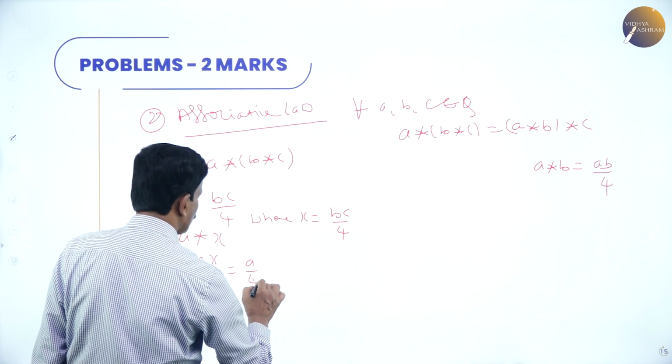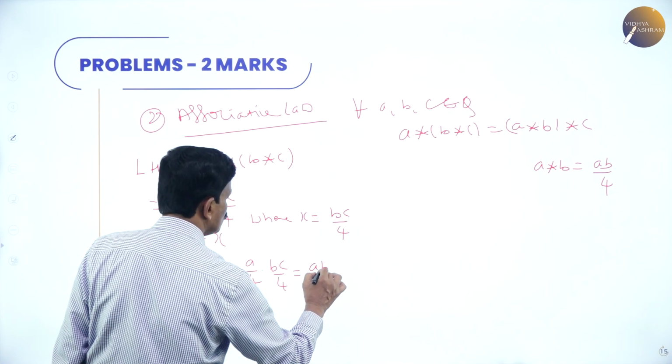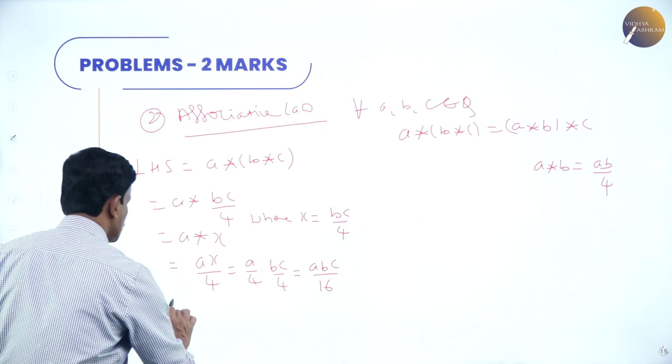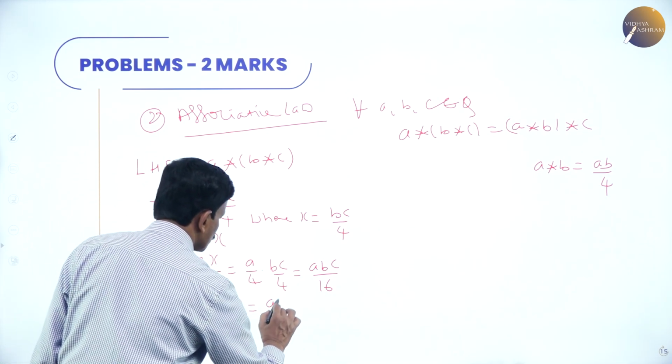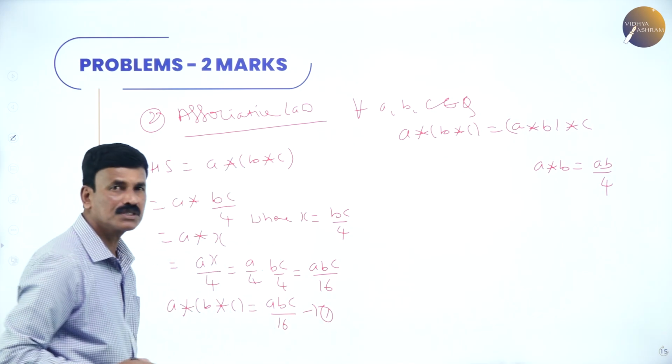This is a by 4 into what is X? bc divided by 4. This is equal to abc divided by 4 into 4, which is 16. That means (a star b) star c, LHS, is equal to abc by 16. Let us represent this as equation number 1.